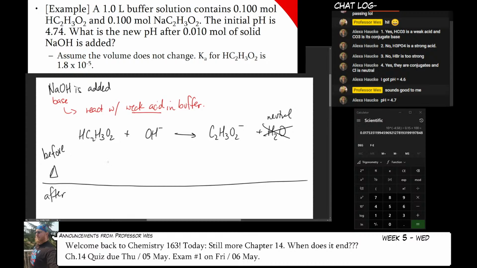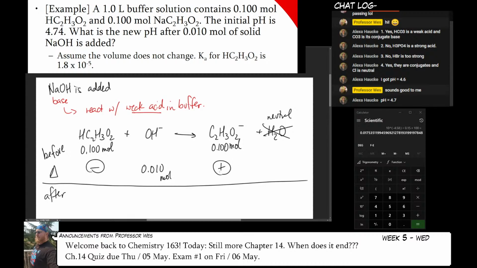All right, so I've got 0.1 moles of acetic acid and 0.1 moles of sodium acetate. And I'm going to add 0.010 moles of sodium hydroxide here. That's going to react with this, so I'm subtracting.